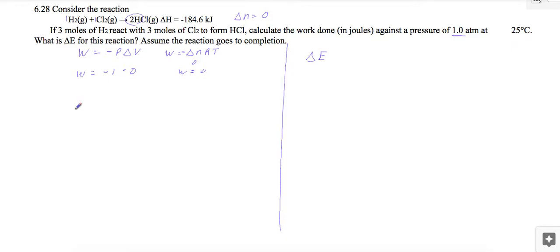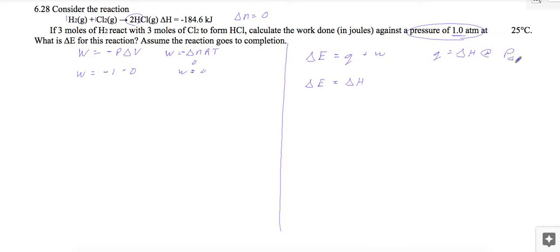So delta E over here is equal to Q plus W, and we don't have a W, so delta E is just equal to delta H, again because Q is equal to delta H at a constant pressure, which it is, a constant pressure of 1 atmosphere.